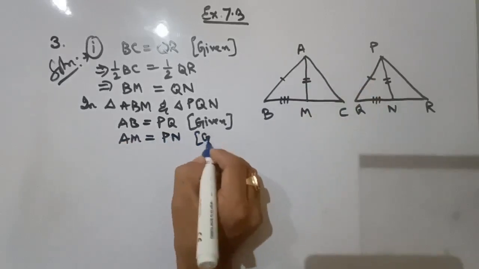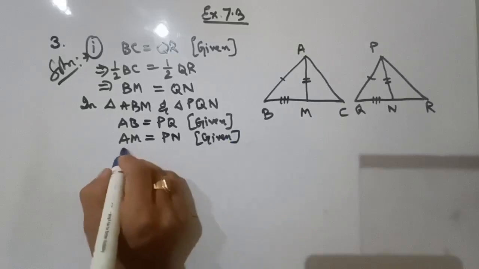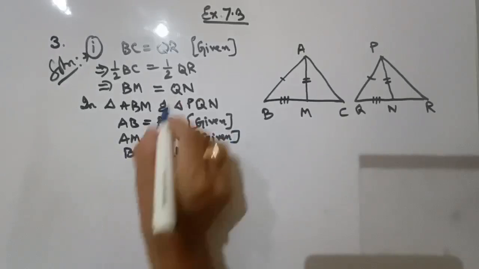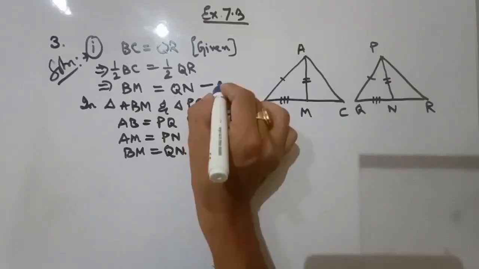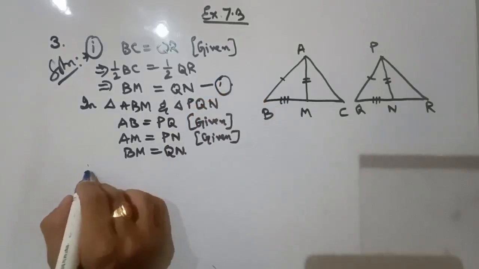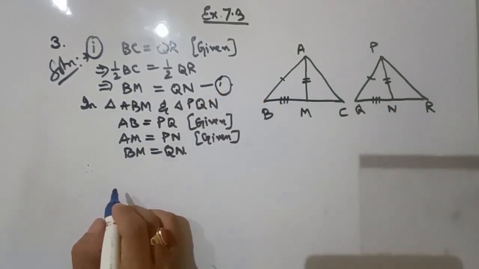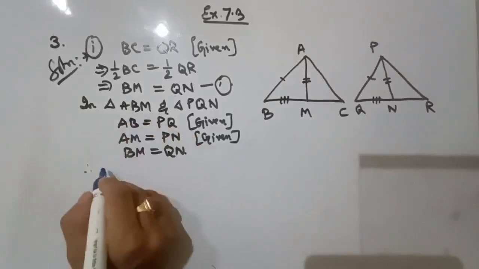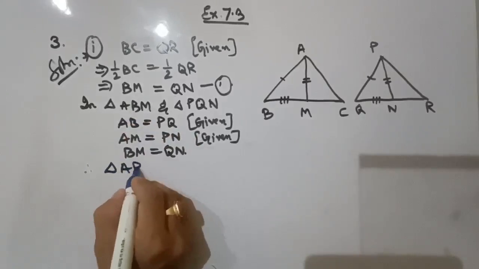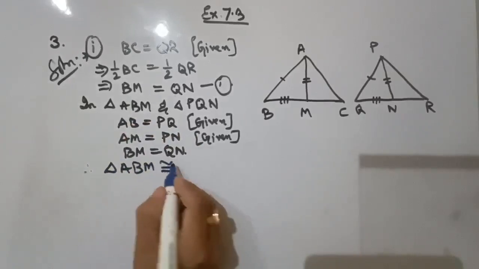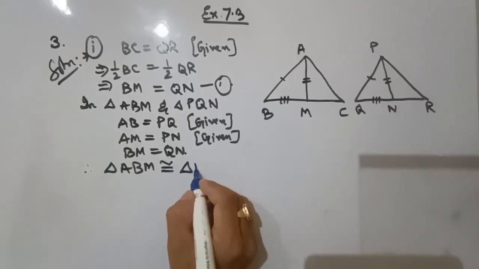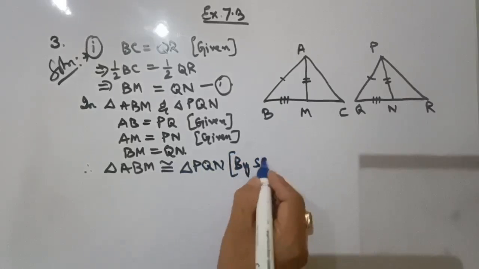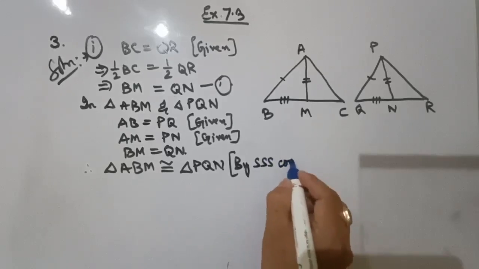This is also given, and BM equal to QN. We have just now shown that BM equal to QN. So by SSS congruence rule, these two triangles, triangle ABM is congruent to triangle PQN. That is by SSS congruence rule.